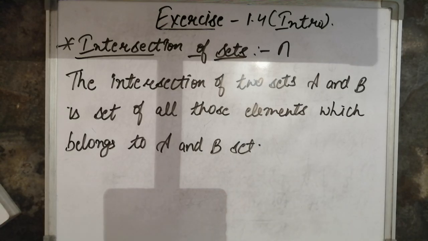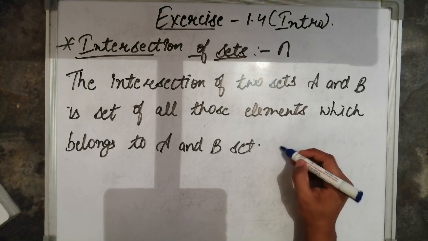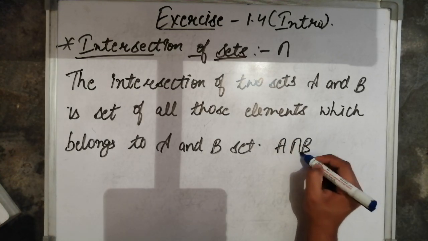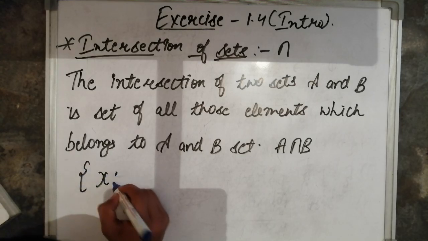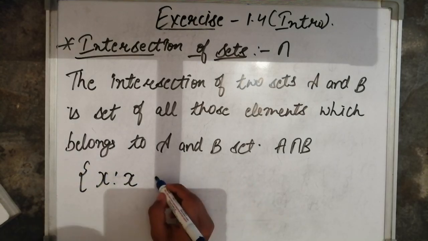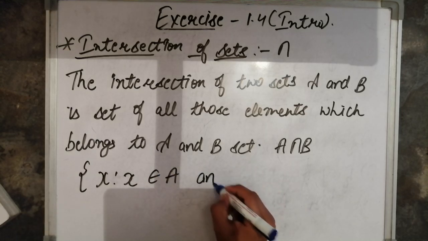Okay, symbolically we write A intersection B as X such that X belongs to A and X belongs to B.